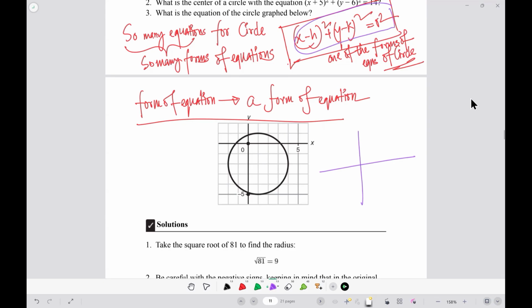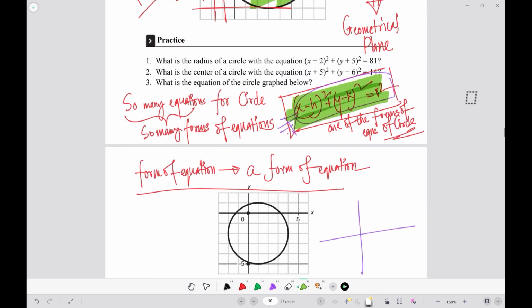In simple terms, this particular equation is such a type of equation which will let you know the center of the circle very easily.